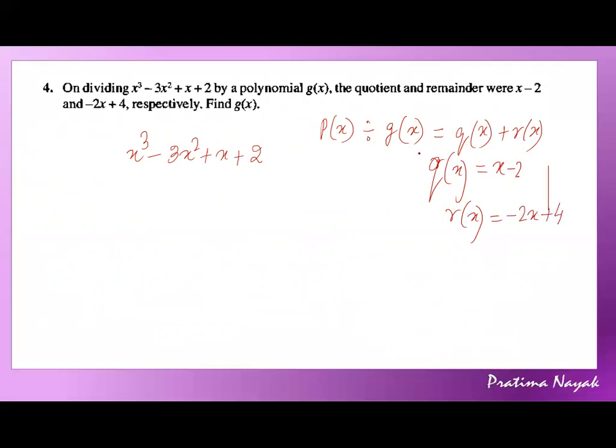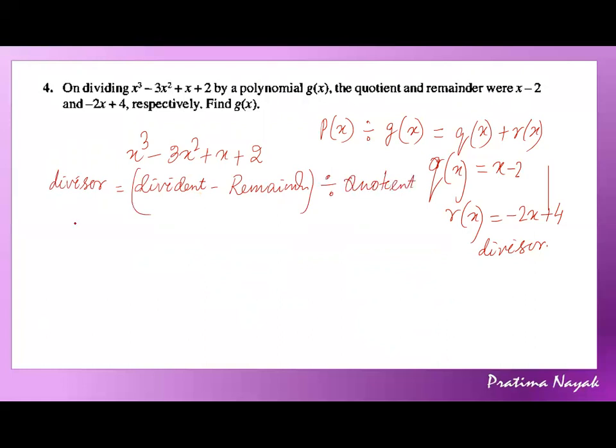You have to find the divisor. What will be the divisor? So what I'll do, first I'll get p(x) minus r(x). So divisor is equal to dividend minus remainder, whole divided by the quotient.